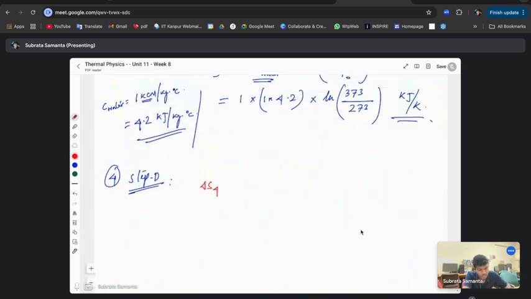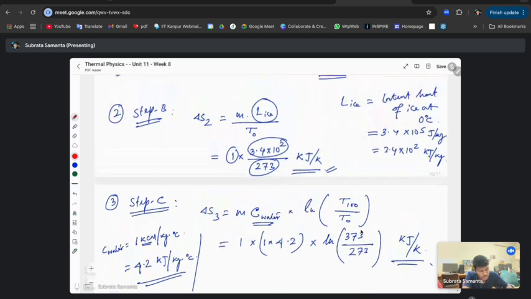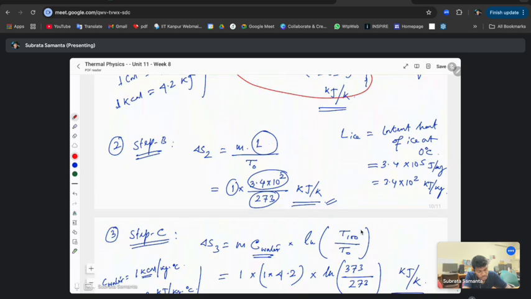So this is the same formula: mass times latent heat, but the latent heat of steam, not water, steam.